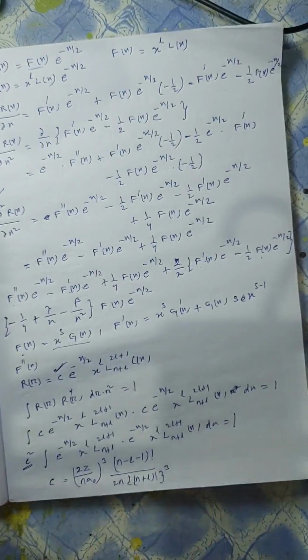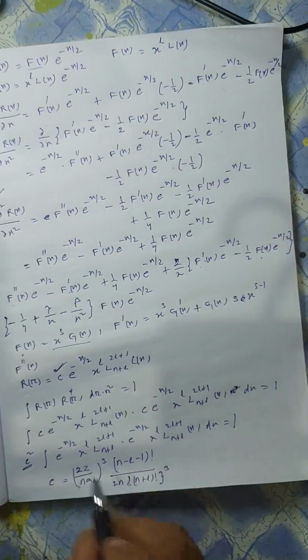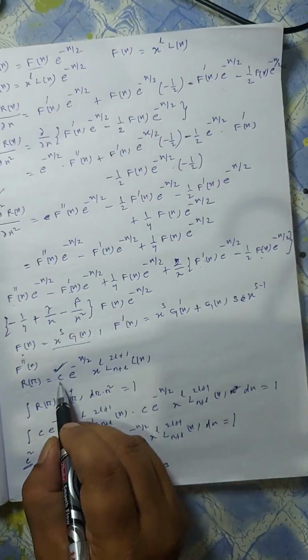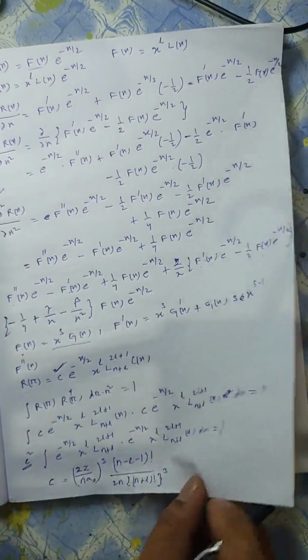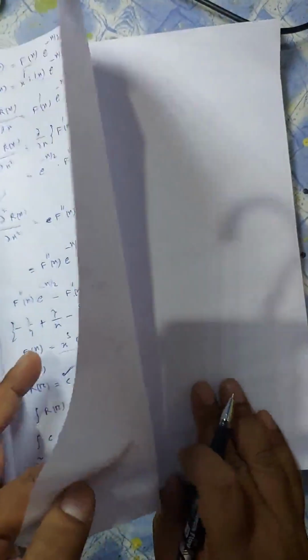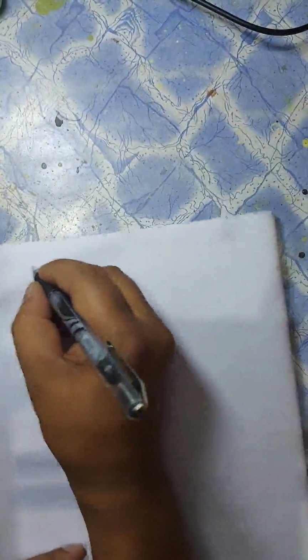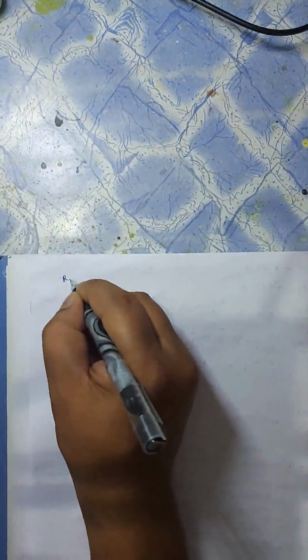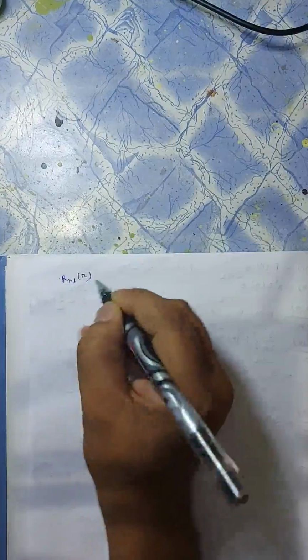This is the C value, and substitute this value of C in this equation, and we get what? The R value. When we substitute this value, we get R(n,l)(r).